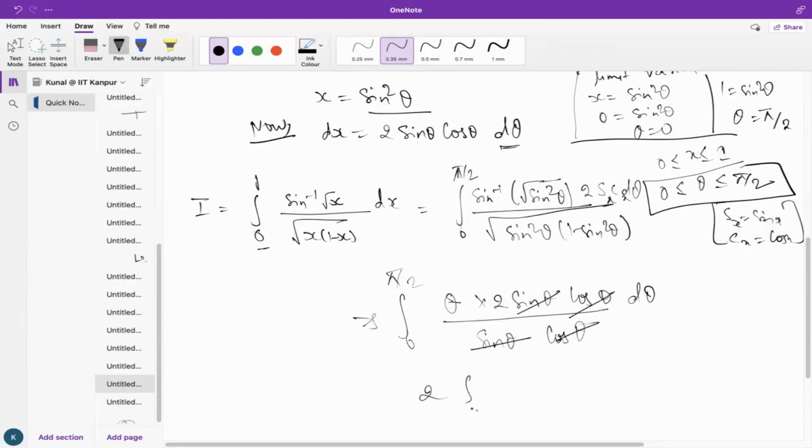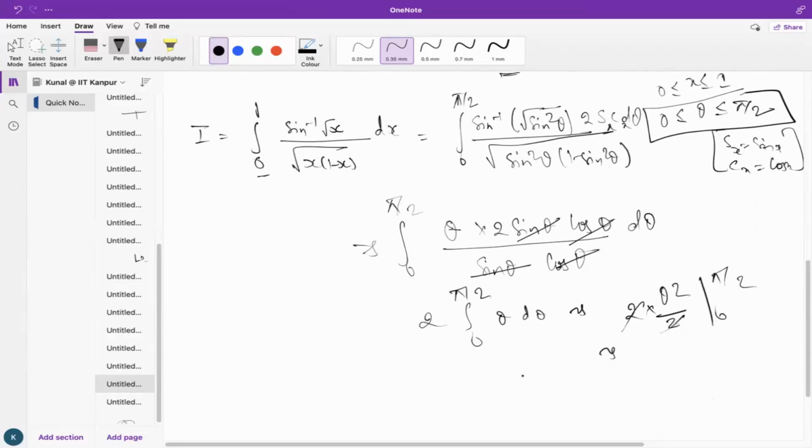So we get 2, integral 0 to pi by 2, theta d theta. When we integrate this, we get theta square by 2 into 2, 0 to pi by 2, and it gets cancelled. On substituting the limit, theta square, upper limit minus lower limit, it will be pi square by 4. So this is our solution.